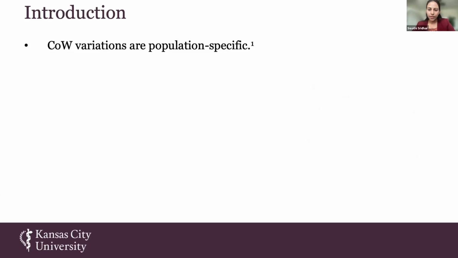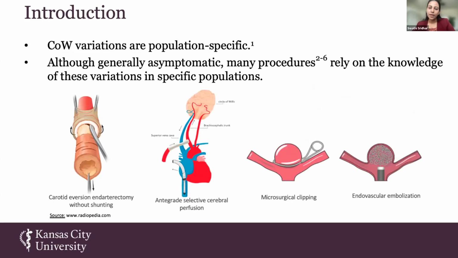Although most of these variations are usually incidental findings and asymptomatic, many procedures, including the carotid eversion endarterectomy without shunting, anterior selective cerebral perfusion with moderate hypothermia, endovascular embolization, and microsurgical clipping, to name a few, rely on the knowledge of the circle of Willis variation to prevent serious adverse outcomes.